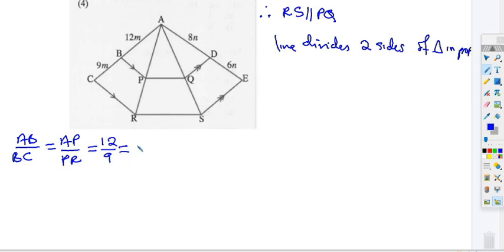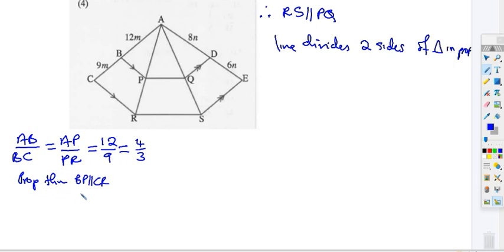Let's simplify this. We can divide by 3 to get 4 over 3. And our reason here is proportionality theorem with BP being parallel to CR.